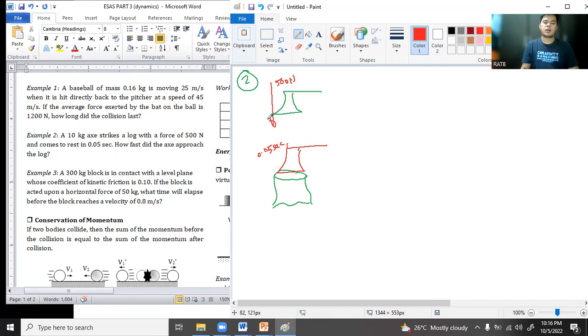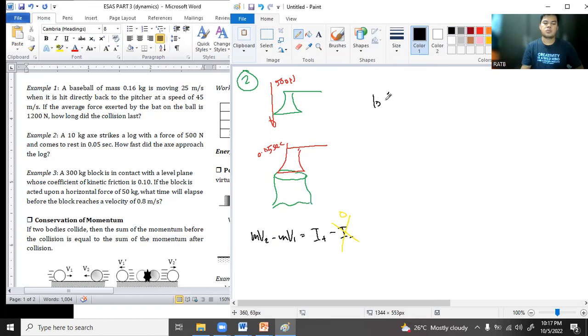So how are we going to approach this problem? We use the impulse momentum concept. That is mv2 minus mv1, equivalent to positive impulse minus negative impulse. In this case, the negative impulse is 0. So leaving us with the following variables. M is 10 kilograms.